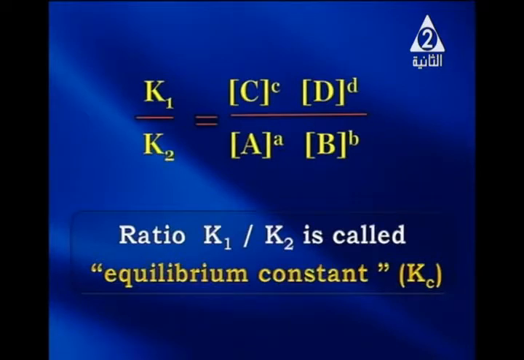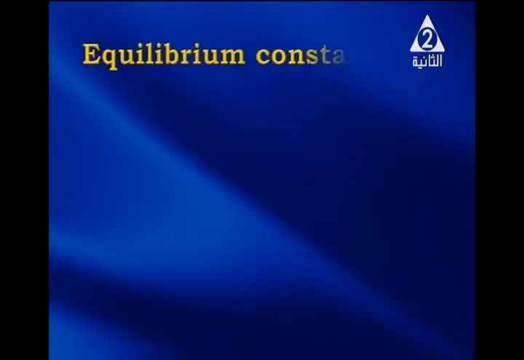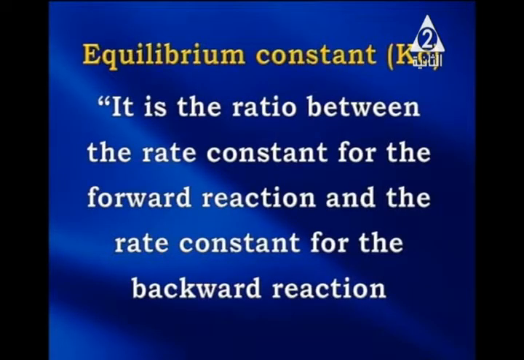We can say, my dear students, the ratio K1 over K2 is called the equilibrium constant, and we express it by the symbol Kc. The equilibrium constant Kc can be defined as the ratio between the rate constant for the forward reaction and the rate constant for the backward reaction.